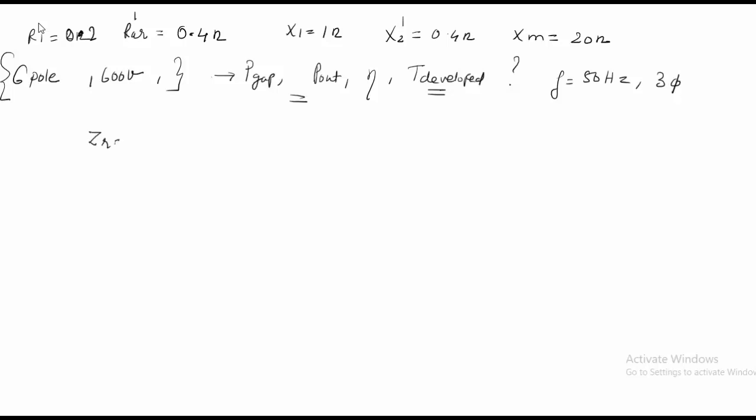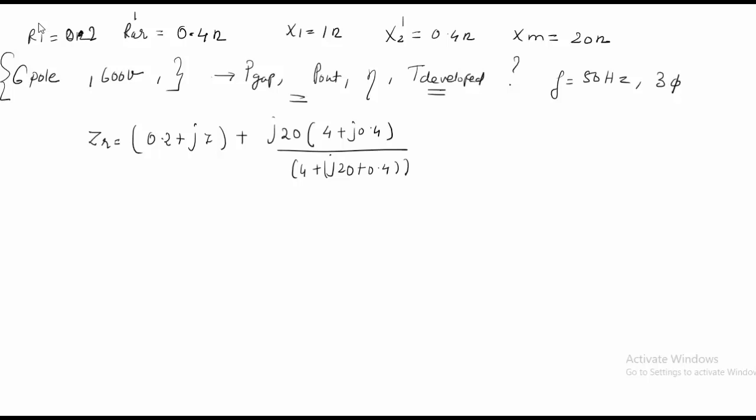In this case, it will be equal to 0.2 plus j of 1 plus the parallel circuit of j of 20 and 4 plus j of 0.4, divided by 4 plus j of 20 plus 0.4.